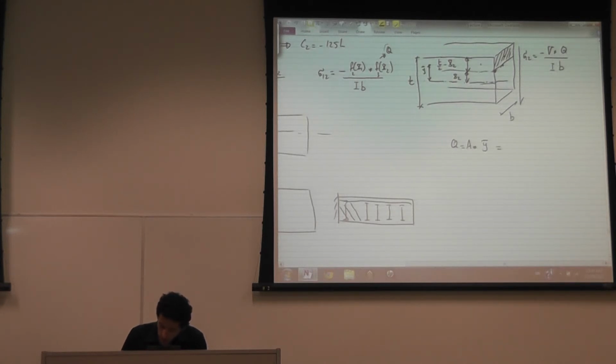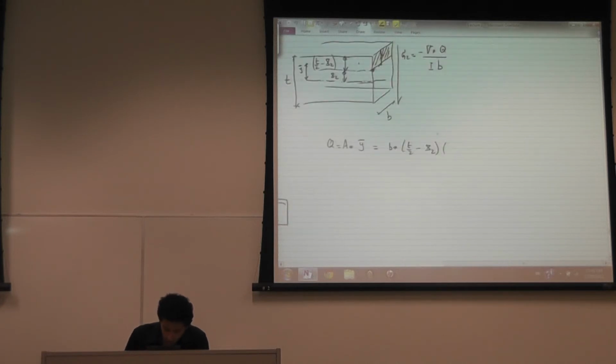Area is equal to b multiplied by this height, which we said is equal to t over 2 minus x2, and y bar is equal to x2 plus half the height of that section, which is half of t over 2 minus x2. So you can see that Q is basically a function of x2. It's only a function of x2. The rest is just constants.